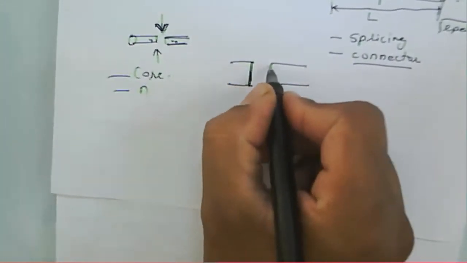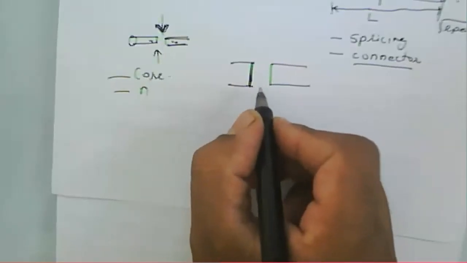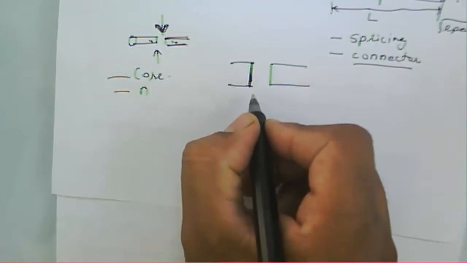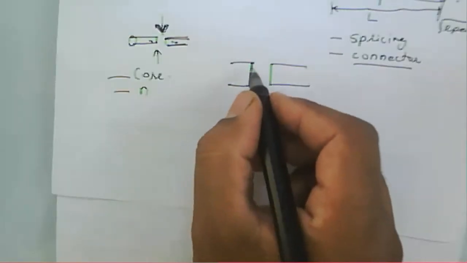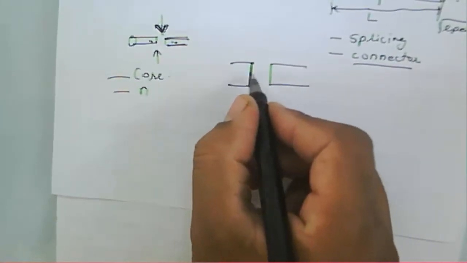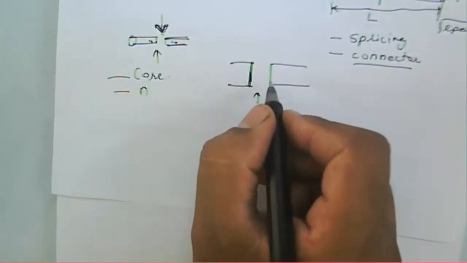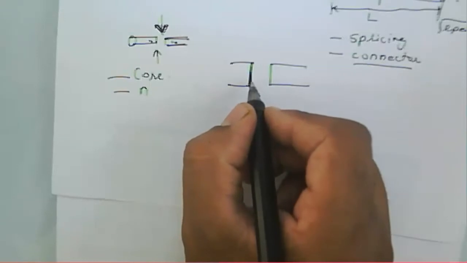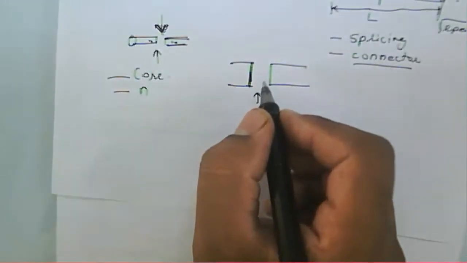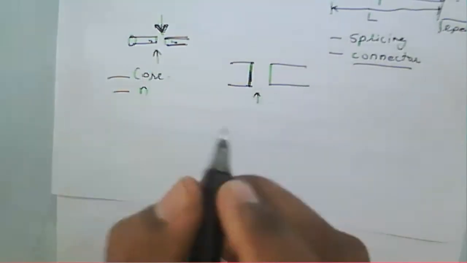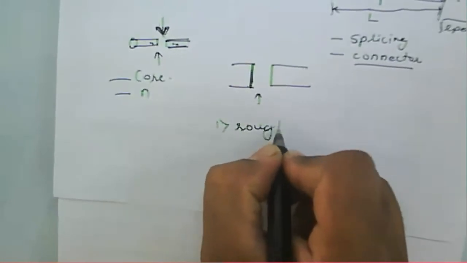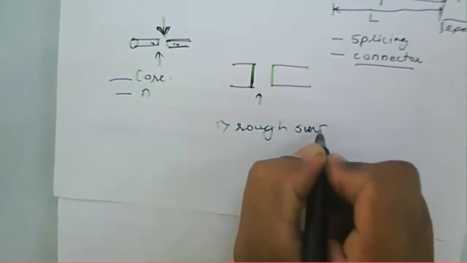If that end is not smooth, if it is a rough surface, if the two fibers have rough surfaces, then at the interface there may be losses. That is one case: due to a rough surface, there may be losses.